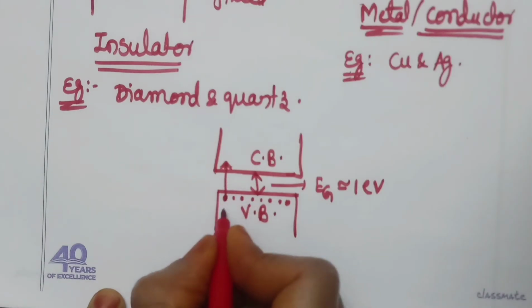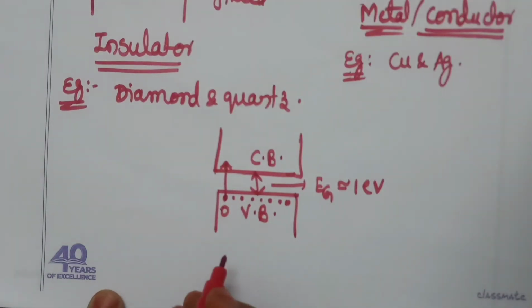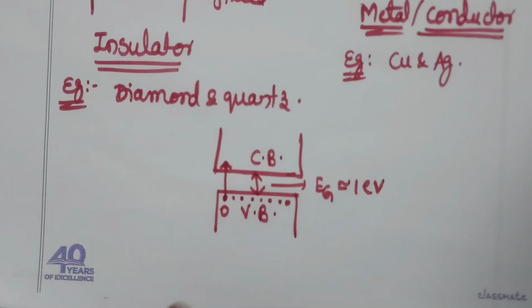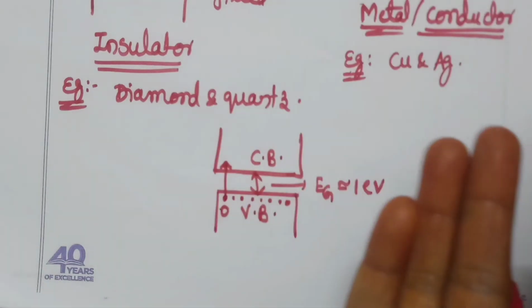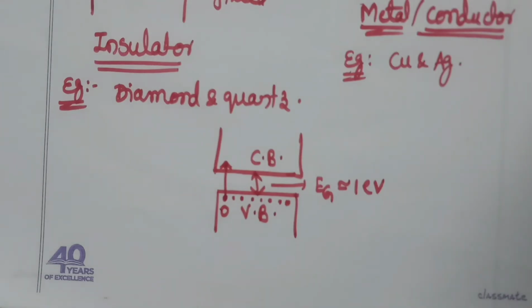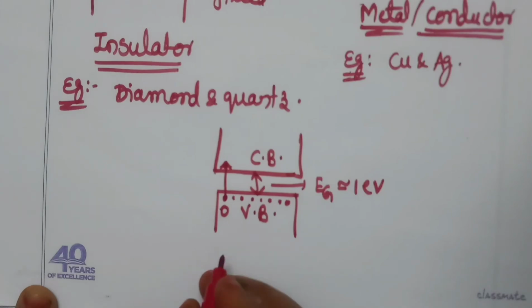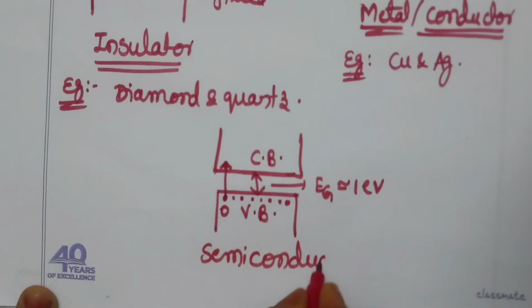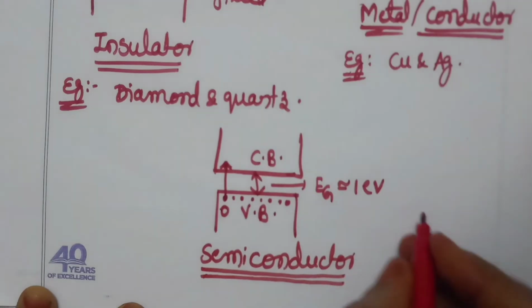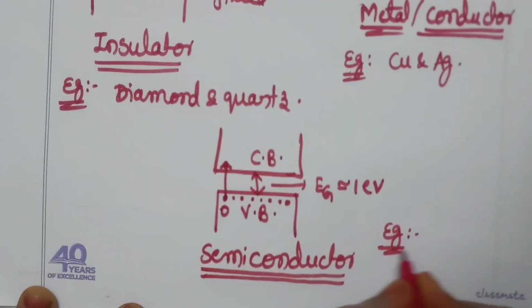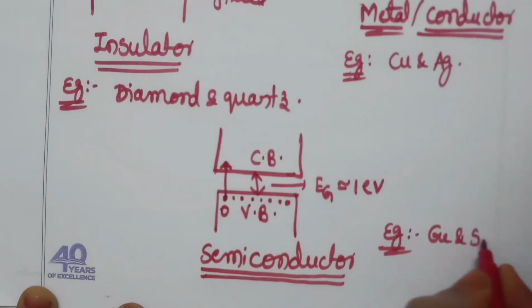As an electron moves, it creates a hole in the valence band, because the electrons here are strongly bonded to their parent atom, whereas in the case of a metal, the electrons are very free to move. So this kind of solid is known as a semiconductor. Examples of semiconductors are germanium and silicon. They are very good semiconductors.